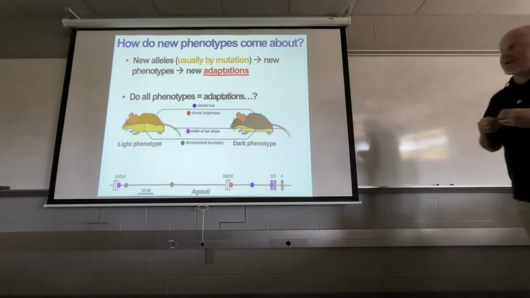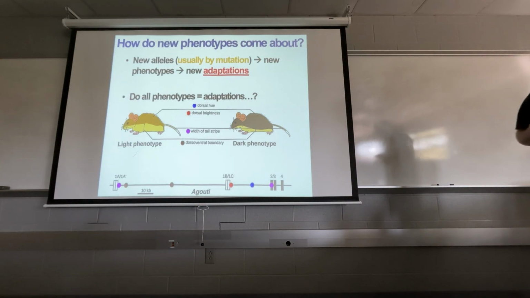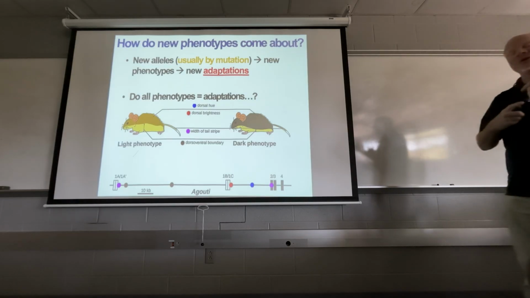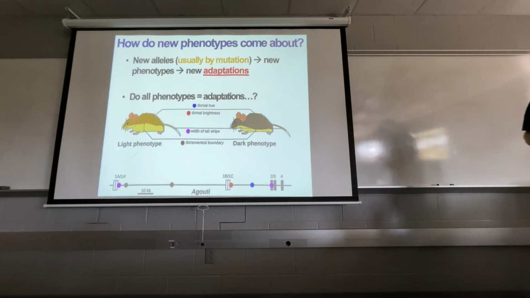If you look at coat color, it's a good example. I just wanted to show you that there are several genes on the chromosome, called the agouti chromosome here in rodents, that control coat color, pattern, dorsal striping, ventral coloring, tail striping, penetration of the color, how dark the pigment is, how bright the pigment is. And these genes, there are several of them, are spread out along this chromosome.